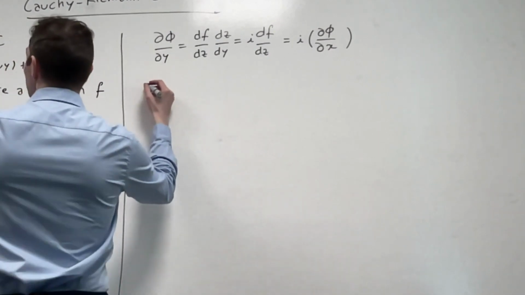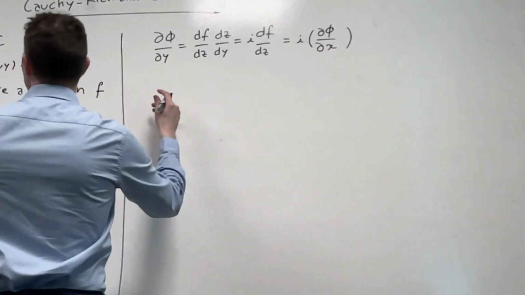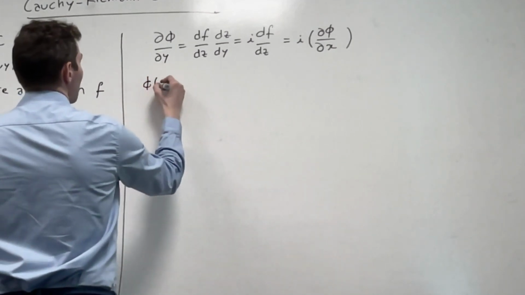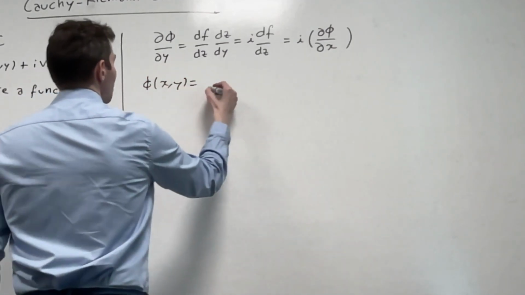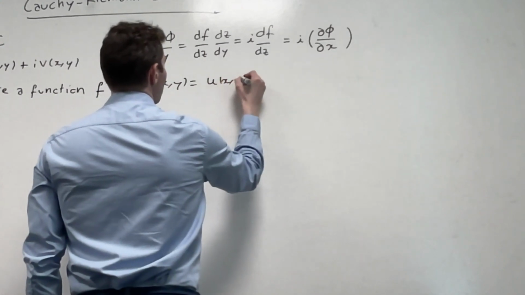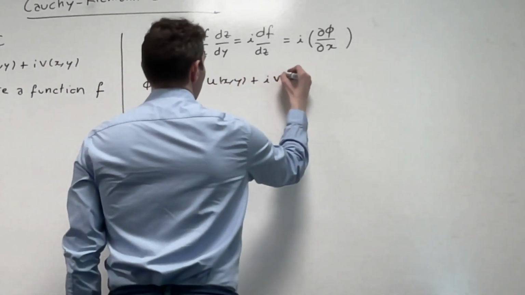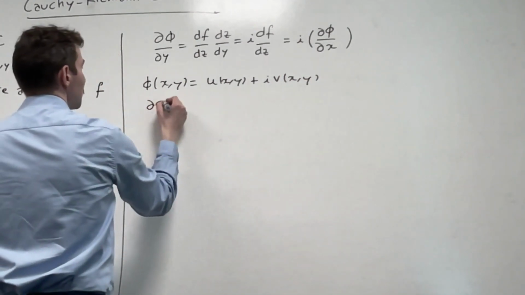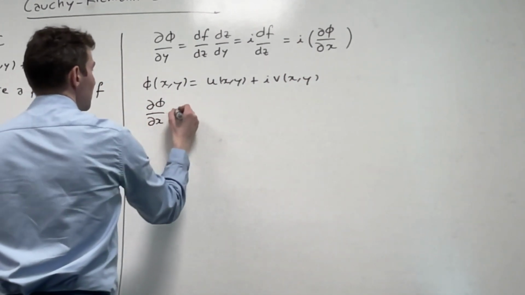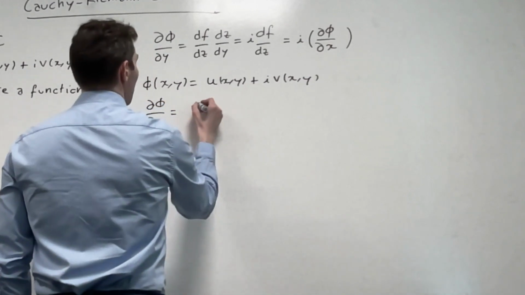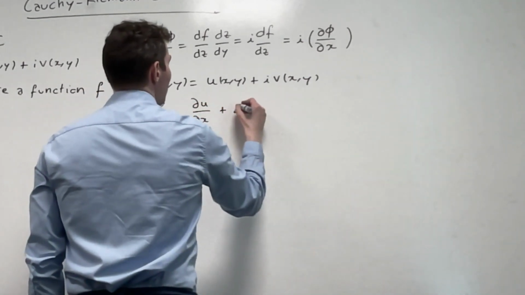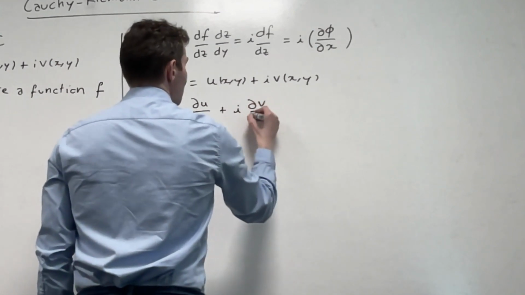Now, what we are going to do is evaluate what this is. Because I've got phi of x y equal to u of x y plus i v of x y, it follows that d phi dx is equal to du dx plus i dv dx.